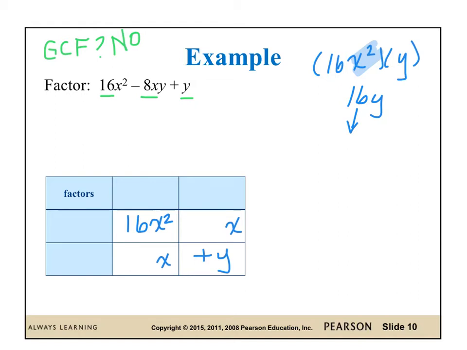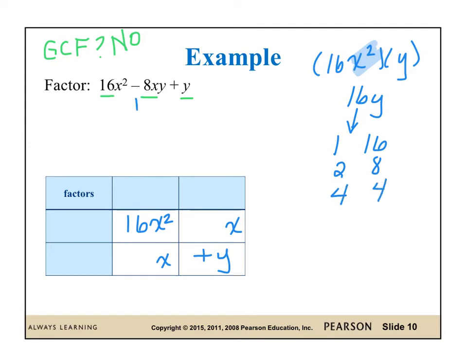Now, 16 is 1 and 16, 2 and 8, 3, oops, 3 didn't work, 4 and 4.